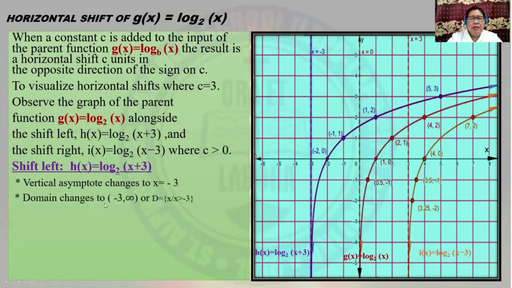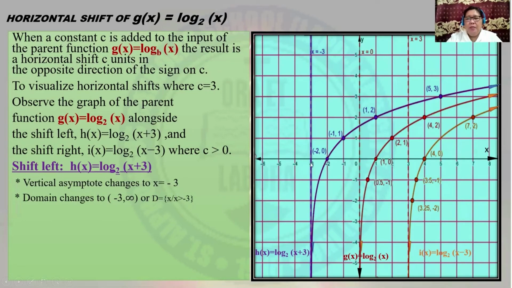For the domain, it changes to negative 3 to positive infinity, or the domain now is x greater than negative 3. In the original function, the domain is greater than 0.